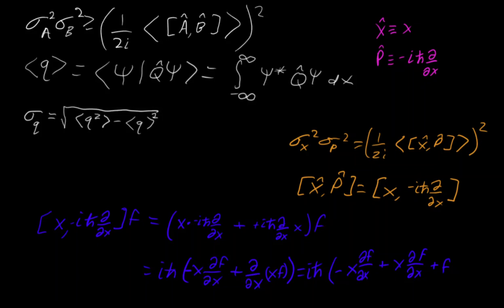The derivative of x is just 1, so f times 1. And this is equal to, this cancels, and this is i h bar f.